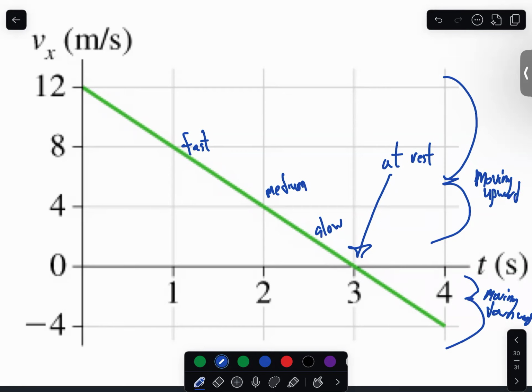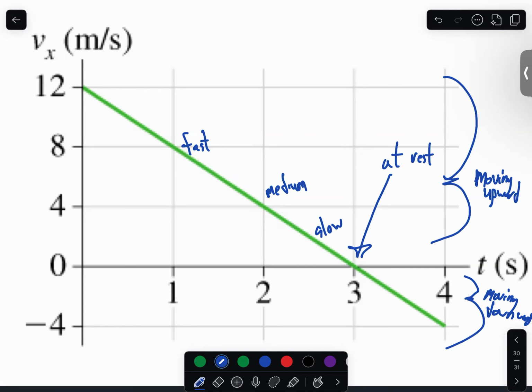I start at time t equals 3, I'm not moving at all. What is happening to my motion here? Am I speeding up or slowing down? You can't slow down from at rest. I can't slow down any further. I'm 41, believe me, I would know. I've got to slow down every year, but not when I'm at rest.